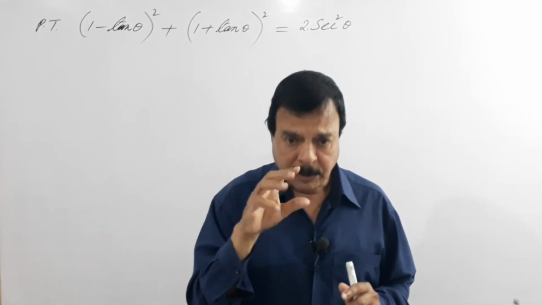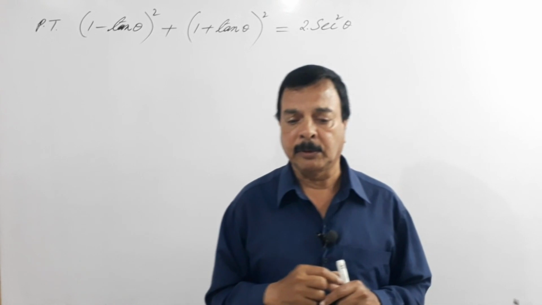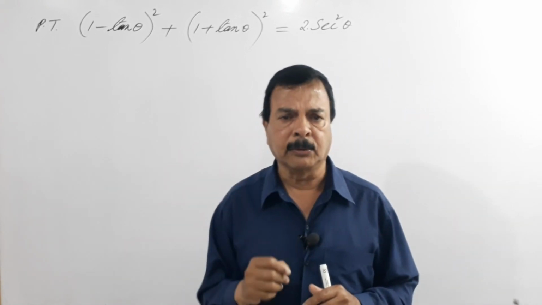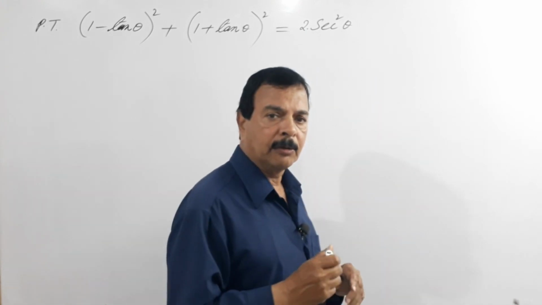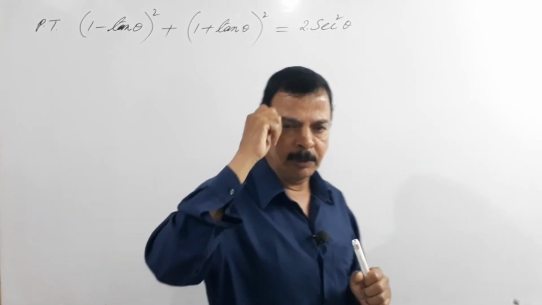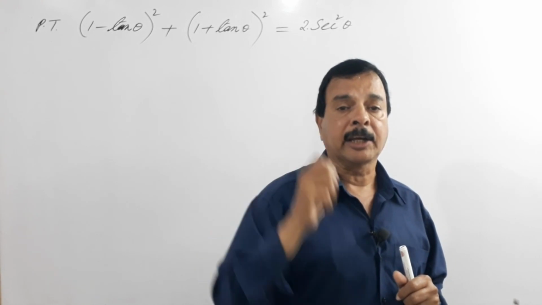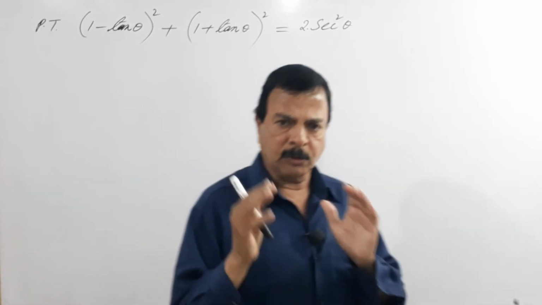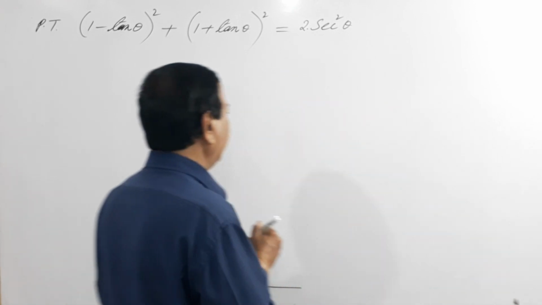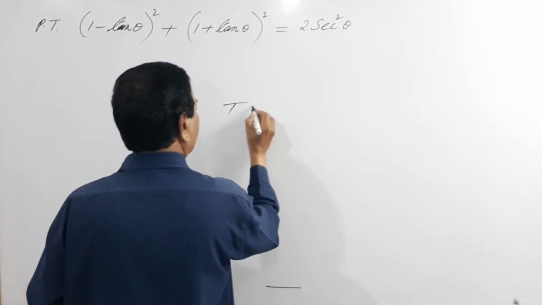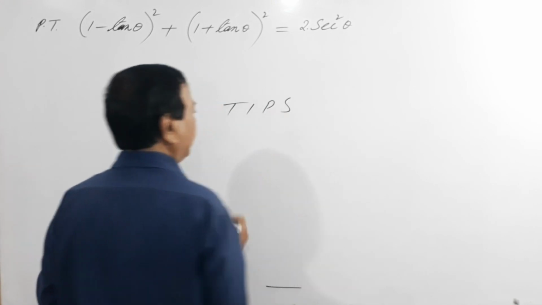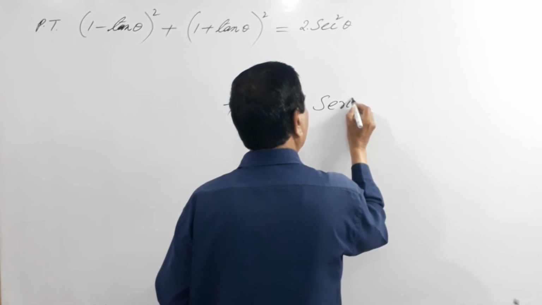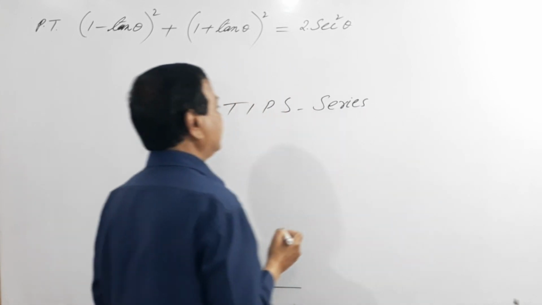What I would like to inform you is, after this part 3, I am just planning to start one latest series. I have got some idea creeping into my mind. I would like to make some short, small videos and name it as tips series.